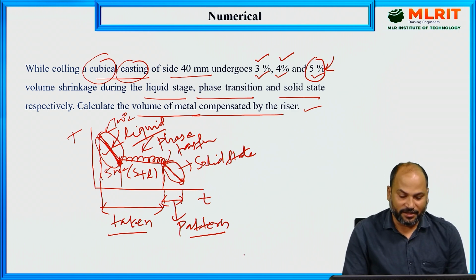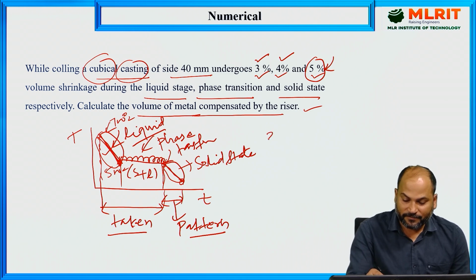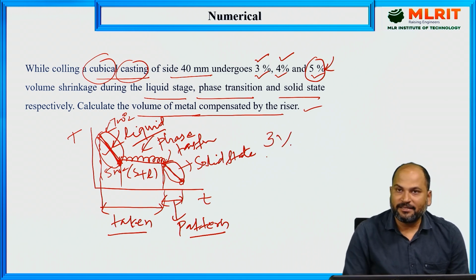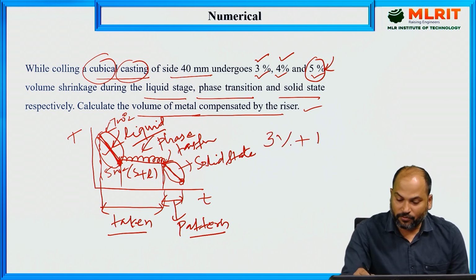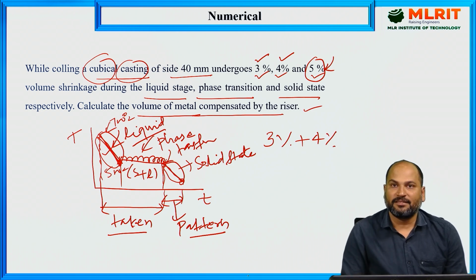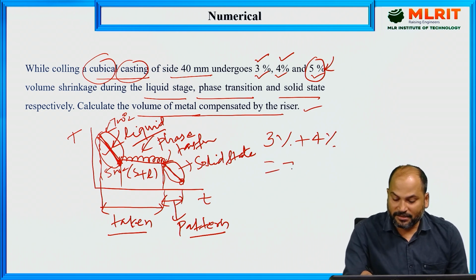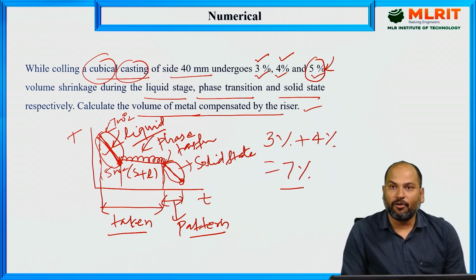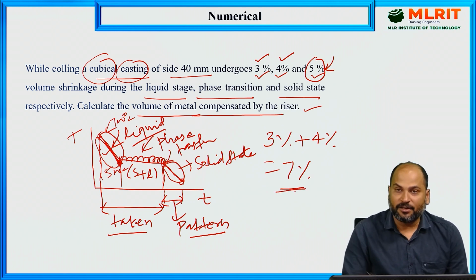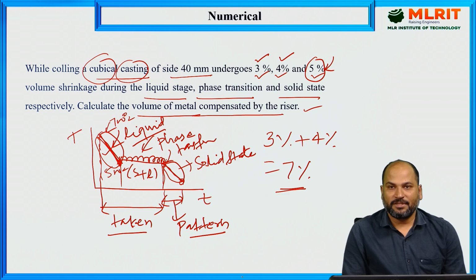So what will be the answer in this problem? 3% when the metal is in the liquid state plus 4% when the metal is in the transition phase. So totally it is 7%. So this is the 7% of the volume, the shrinkage volume, which will be taken care of by the riser.